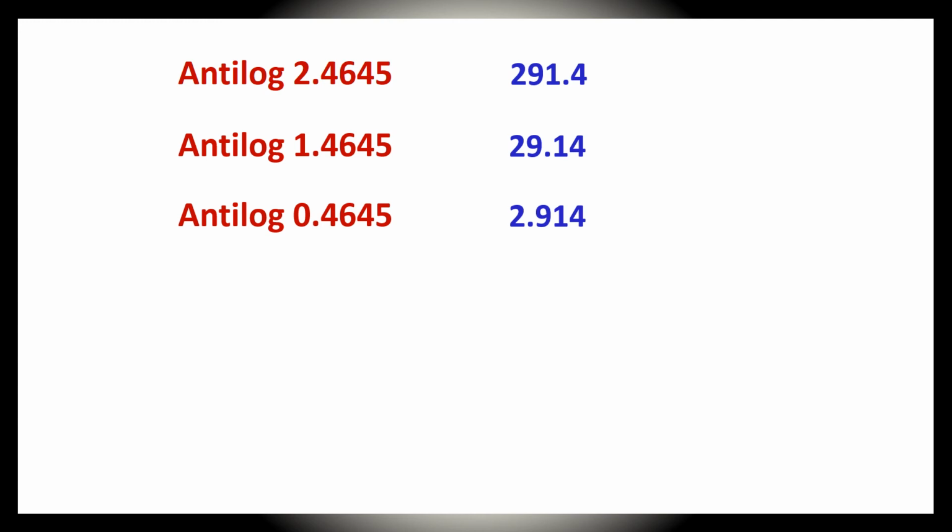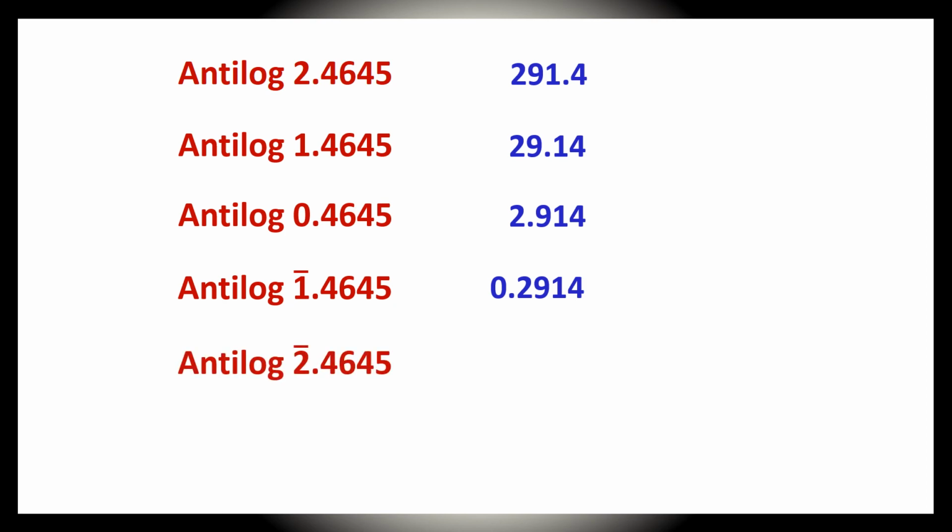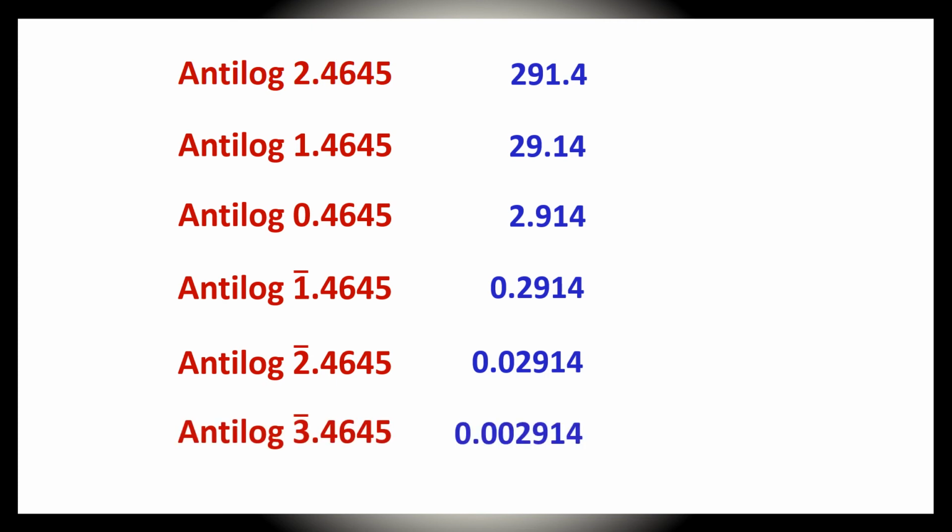It becomes 2.914. Suppose it was 1 bar point 4645, then we put the decimal before the first value. It becomes 0.2914. Suppose it was antilog of 2 bar point 4645. Then we put like this 0.02914. And if it was 3 bar, then we put it as 0.002914.